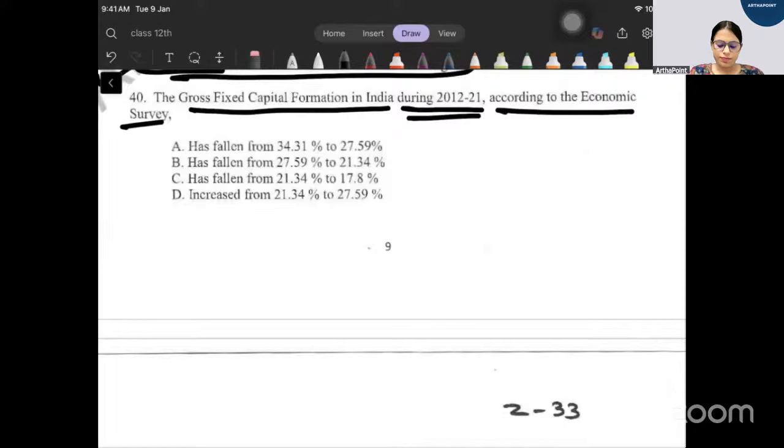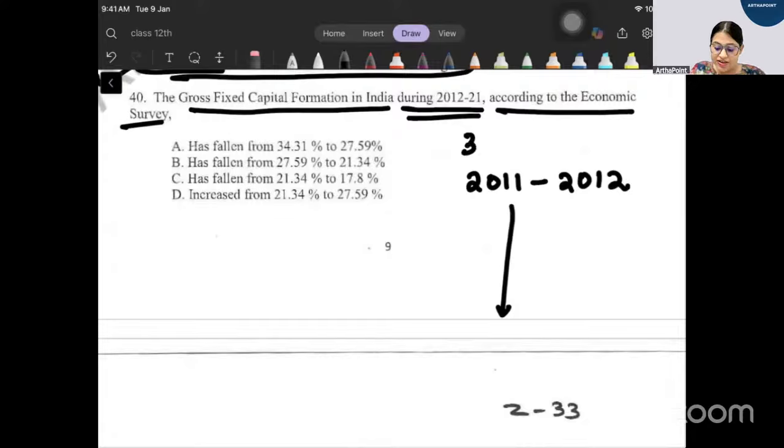Yes. So according to the Economic Survey, the prime years of India of high savings and high capital formation were 2011 and 12. And we noticed that after that, the savings and investment had gone down.